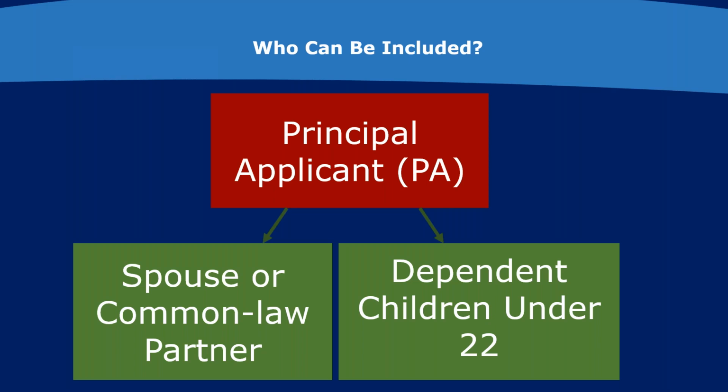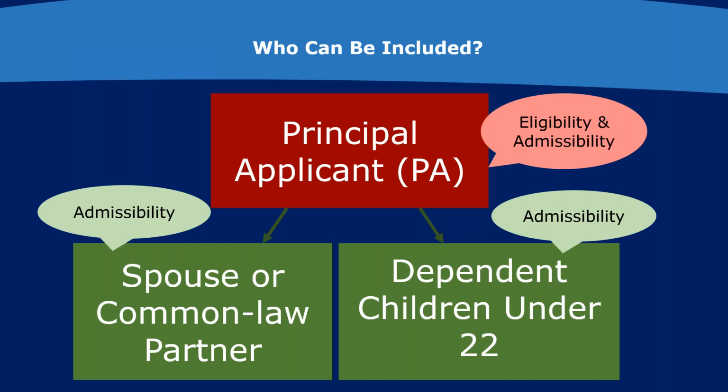And if the dependent children who are under 19, 18, or 22 are married and have their own family, they will not be included in the application form. Say there is the same example we used in the previous webinar: a mother who's a PA, father, 13-year-old son, 19-year-old daughter, and 25-year-old daughter.